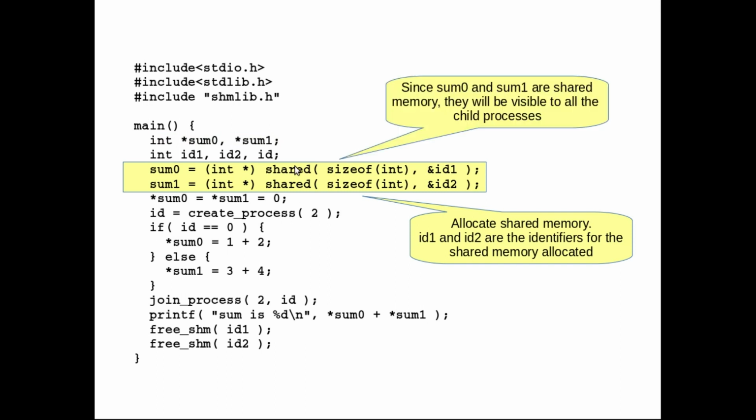And now since sum 0 and sum 1 are shared memory, the same sum 0 will be visible to the child process and also to the parent process, and in the same way the same copy of sum 1 will be visible to the parent process and also to the child process.